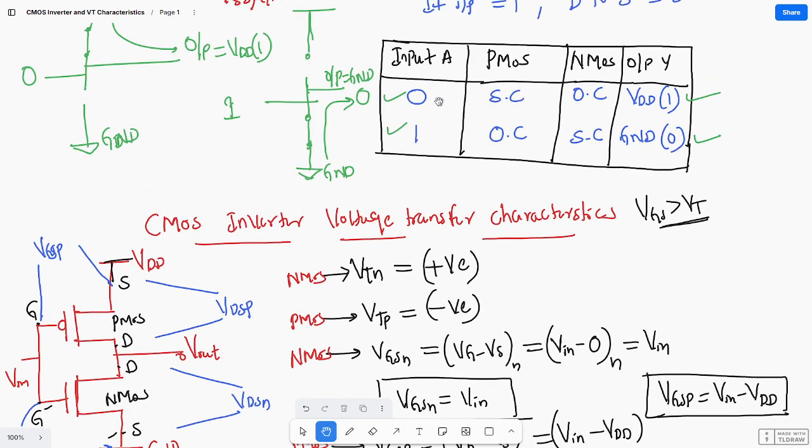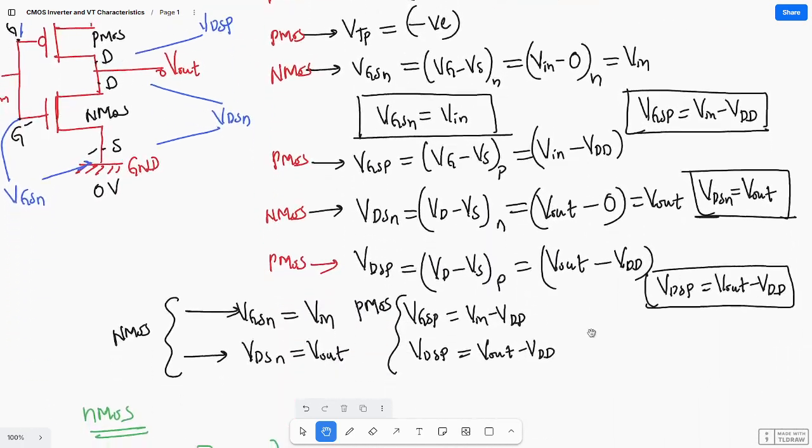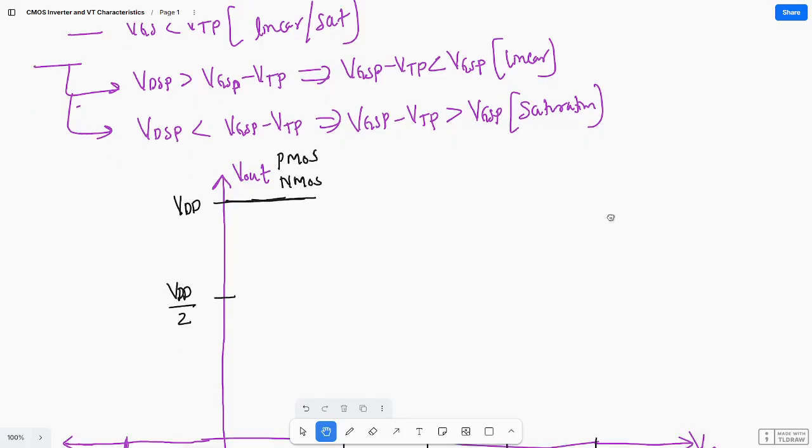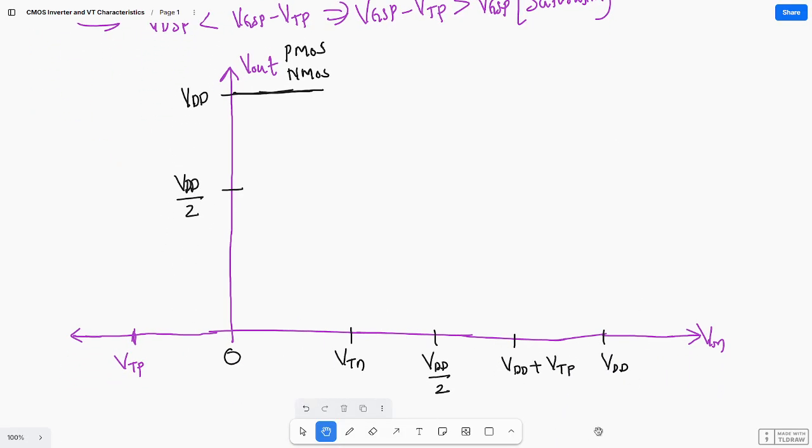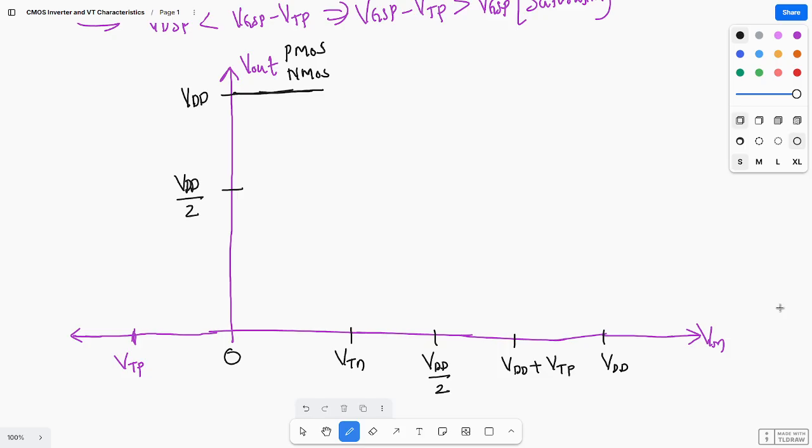PMOS will be short circuit and NMOS will be open circuit. From this, I can conclude that when V in equal to 0, PMOS will be in the linear region and NMOS will be in the cutoff region. From here to here, you have two complementary transistors, no? PMOS and next NMOS.